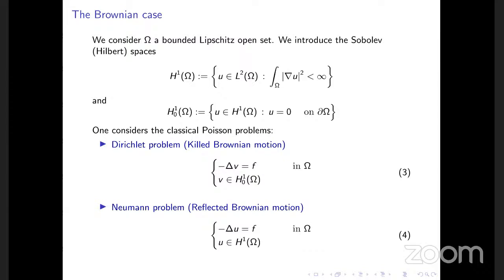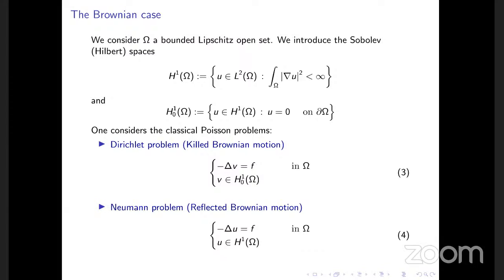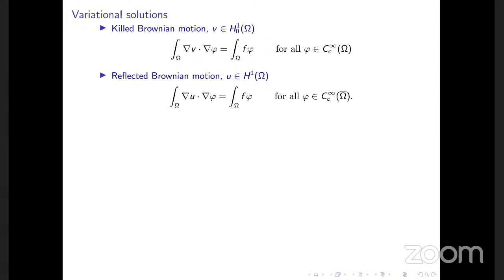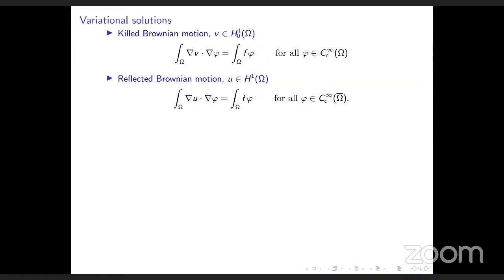Okay, so just to consider simply the weak formulation of these problems, which are well known. Here the main difference is that one is just considering different test functions, and in the Neumann case, one is looking at functions which are continuous and smooth up to the boundary.